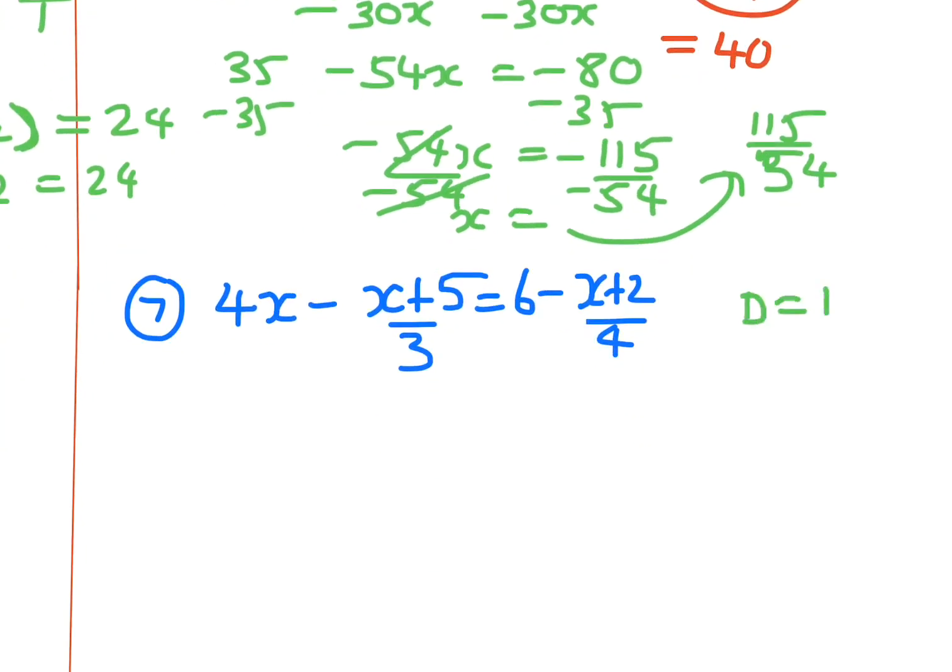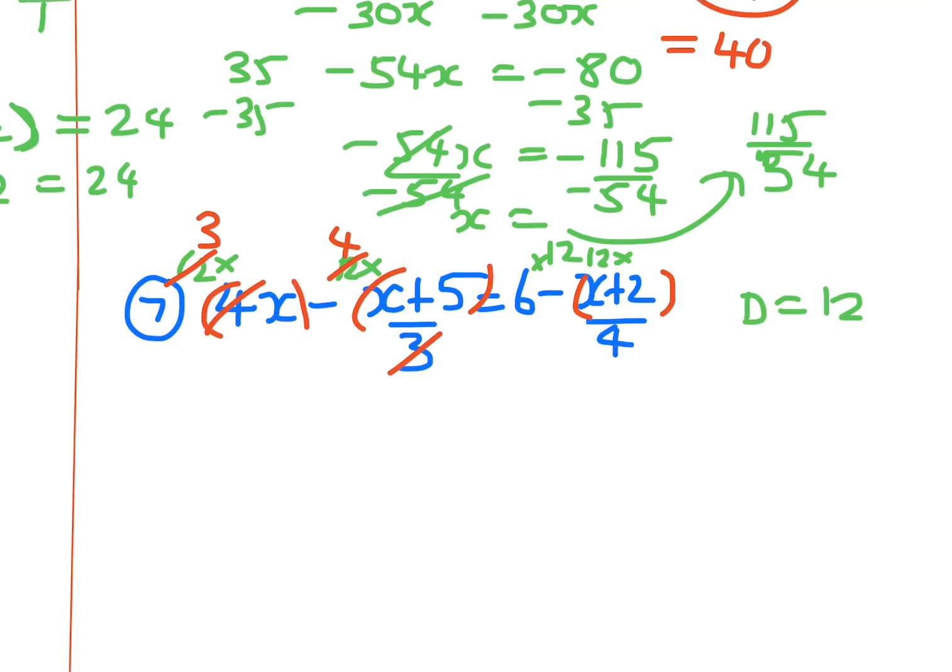Okay, common denominator here would be 12. So times 12, times 12, times 12, and times 12. Really important that you put brackets around anything that's double. So 4 goes into 12 3 times, 3 goes into 12 4 times. There's nothing to cancel with the 6, and 4 goes into 12 3 times.